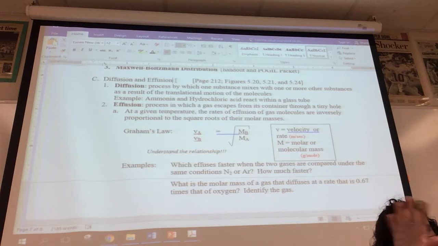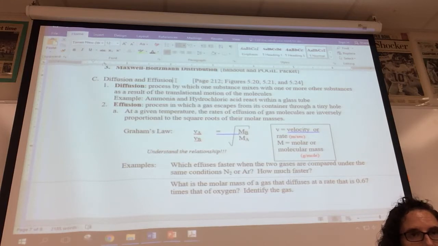But in the back, you won't smell it as quickly. But eventually, those particles will diffuse down their concentration gradient. They'll move from high concentration to low, and over time, you will smell it too. Diffusion is the movement of gas particles, or any particle, down their concentration gradient.